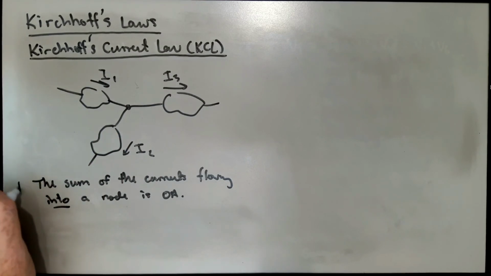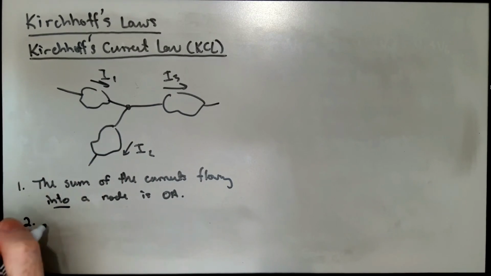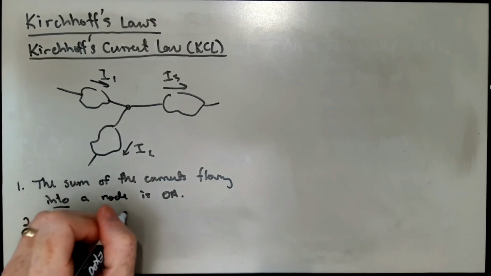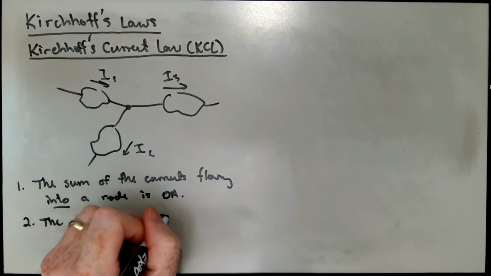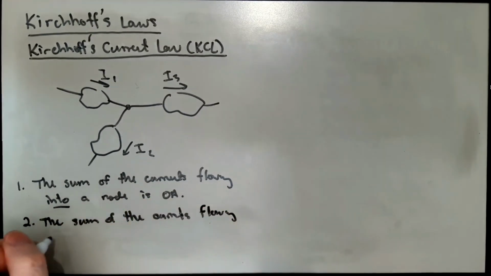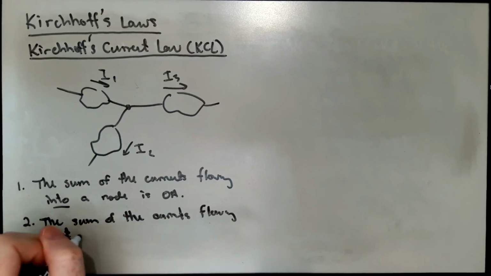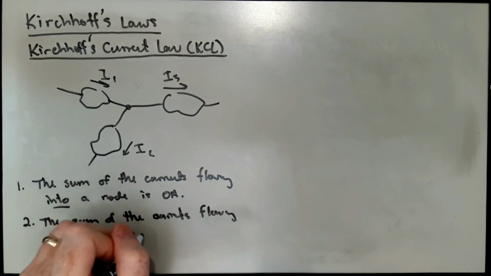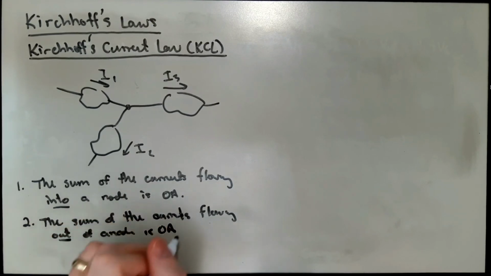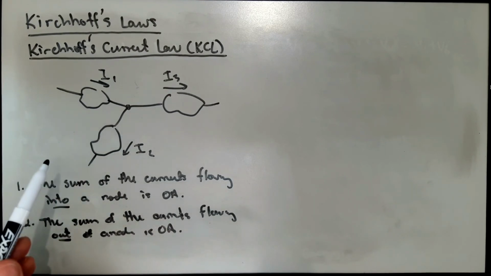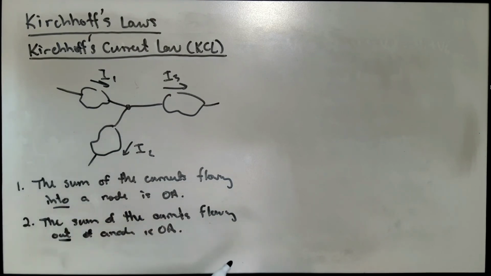We could write this also as the sum of the currents flowing out of a node is 0 amps. Right? So current flowing into the node would be a negative current flowing out of the node in this formulation.